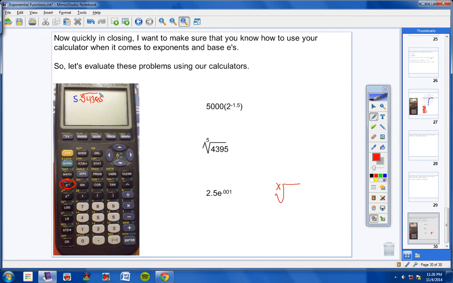Okay? And hit enter. And if you typed it in correctly, you should get this for an answer. 5.352932, etc. Okay? That would be the answer. One more example here and we're done.